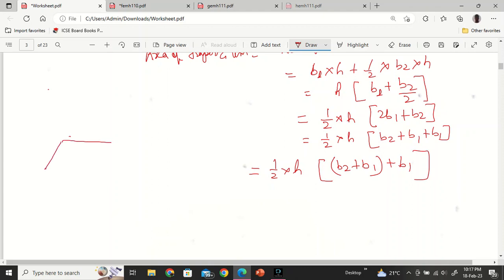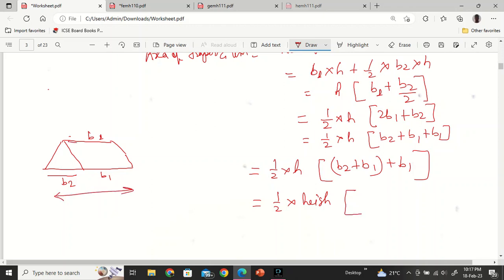I'm just constructing the trapezium again here. This was our parallelogram with B1 and this is B2. So this is also B1 and this is B1, okay. This is B1 and this is B2. So what we get? 1 by 2 into height into the sum of parallel sides.